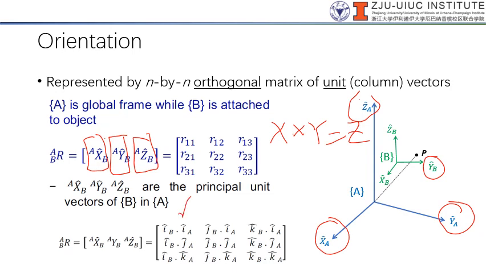YB is associated with JB; in this case, YB is just JB. Another way of writing your unit vector, usually we use i, j, k. So JB is really your unit vector for this YB direction. Projecting it onto the 3 principal axes is like doing a dot product.